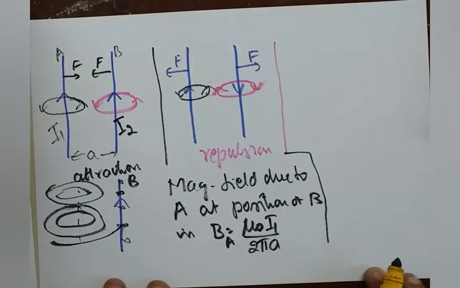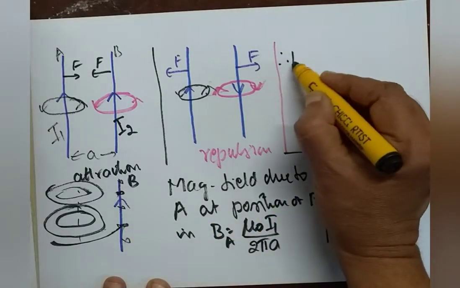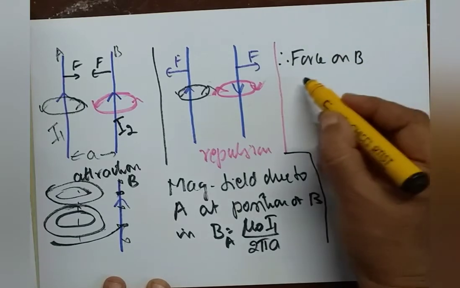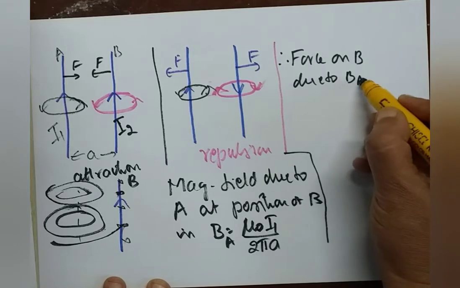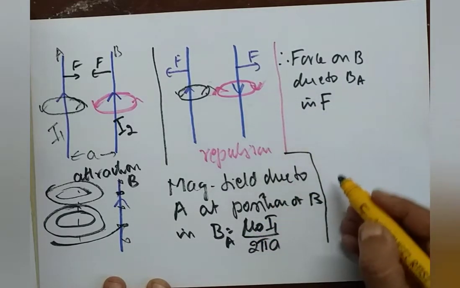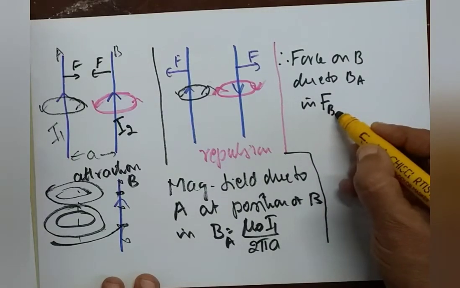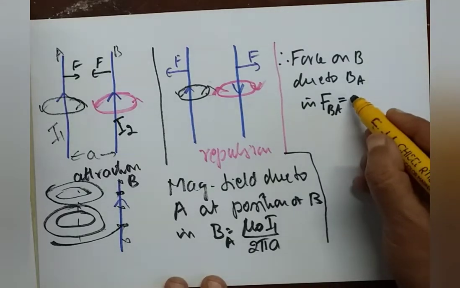Now with this, once we know the magnetic field at the position of B, we can write the force acting on it. Therefore, the force on B due to the magnetic field BA of A is F. We can call it force on B due to A, F_BA, or F21, like that.